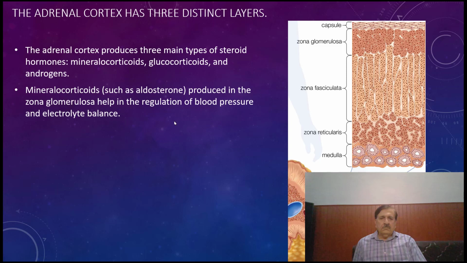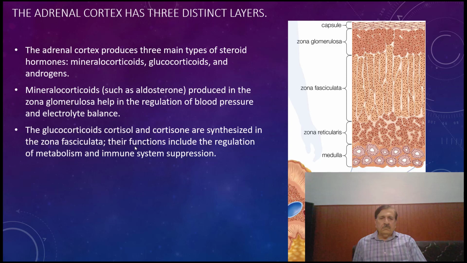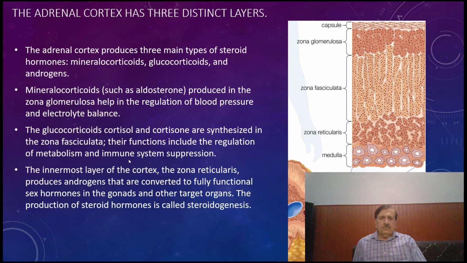The glucocorticoids, also called cortisol and cortisone, are synthesized in the zona fasciculata. Their functions include suppression of the immune system and regulation of metabolism.